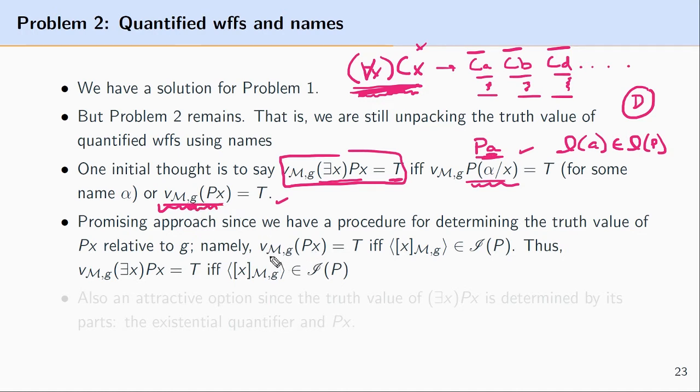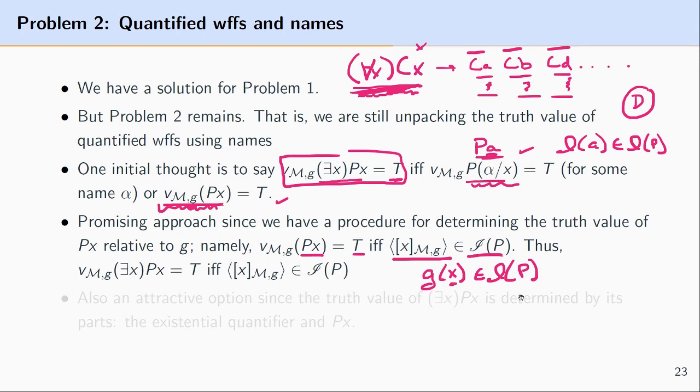And there we said that Px is true if and only if the denotation of x is in the interpretation of P. That is, if the object that the variable assignment assigns x is in the extension of P. So if the object that x picks out is in P, then ∃xPx would be true.